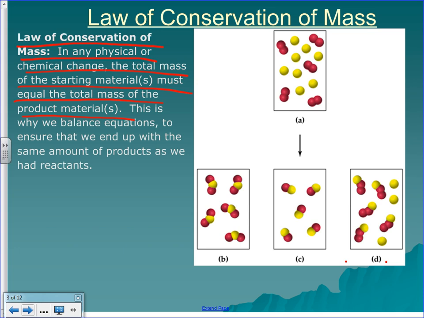There's definitely not 8 in here. There's definitely not 8 in here, but there's definitely 8 in here, okay? You only really need to look at one of them to know whether the law of conservation of mass has been obeyed. If there's less than what you started with, you know it didn't work. Okay, everyone follow me on that?